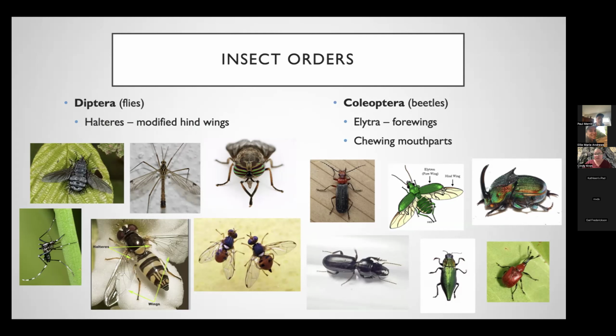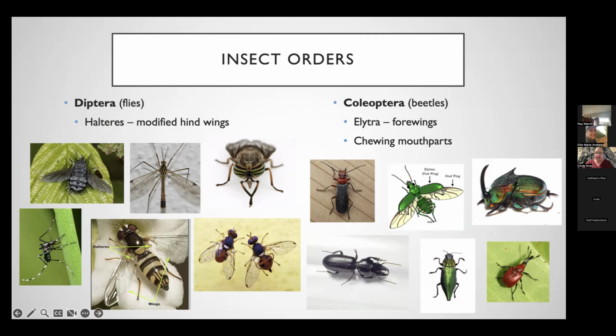When you see it fly around flowers, you might think it's a wasp or a bee, but it's actually a fly. There's quite a few mimics out there. So keep in mind that just because something looks like a certain order or family of insects, it's not necessarily true. Sometimes you have to look a little bit closer.